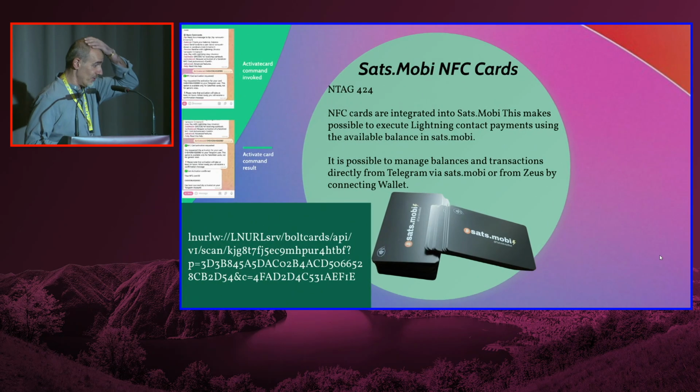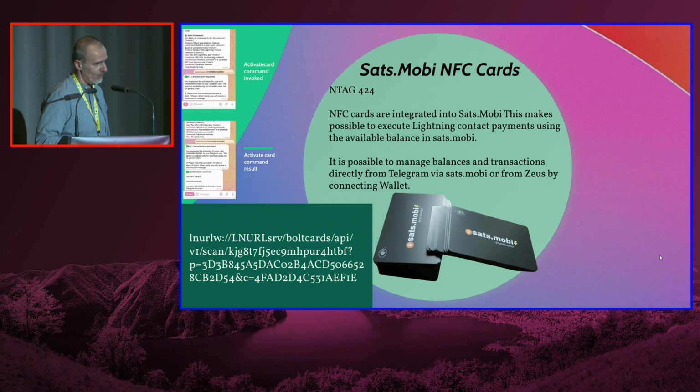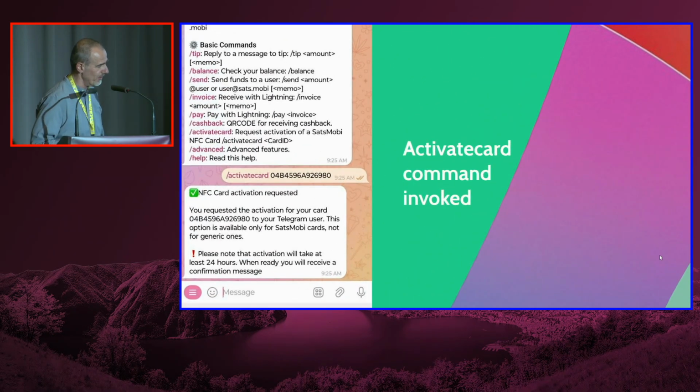And the Bolt cards are easy to connect to the system in order to pay by NFC cards where the device accepts this kind of payment. This is based on the Bolt card standard and tag 424. And this is also applicable to rings.